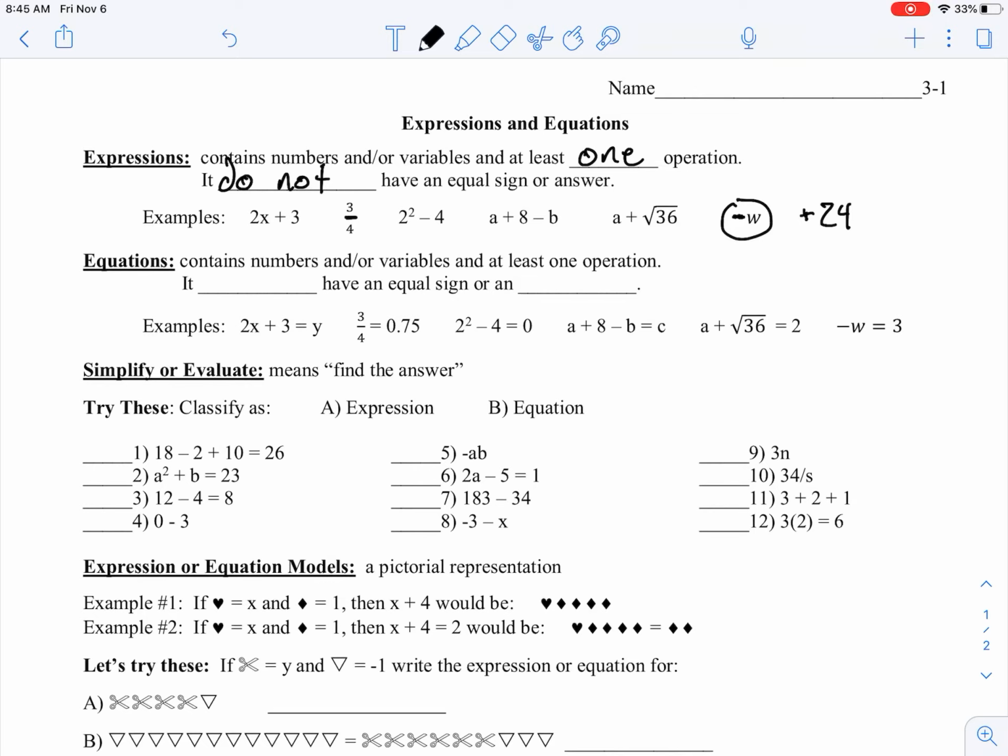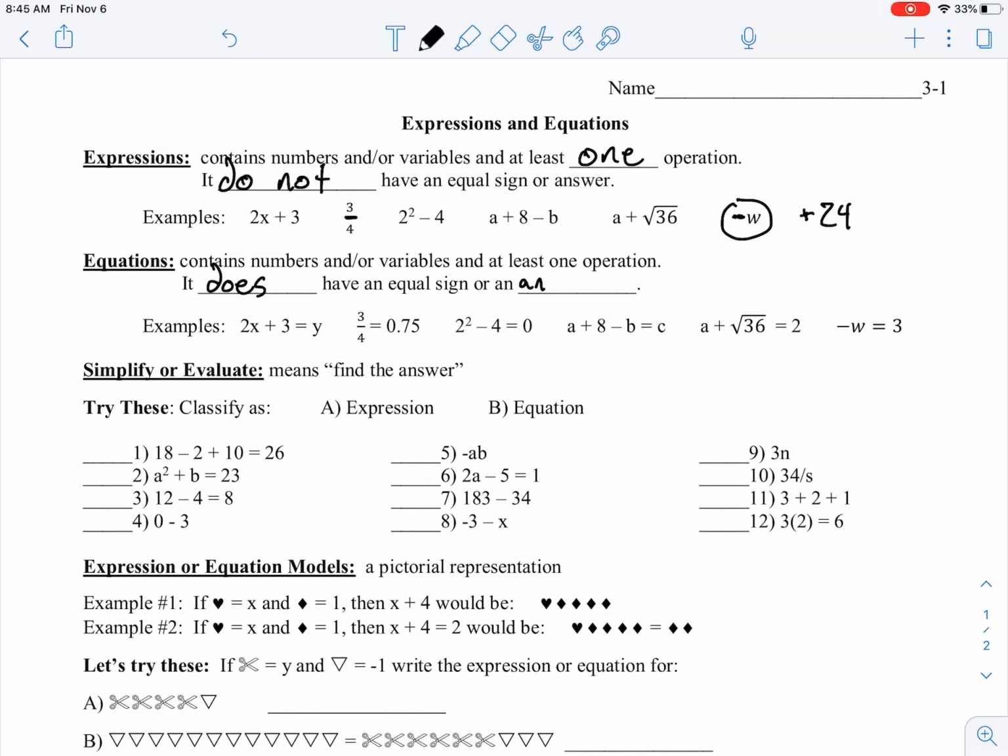Now we're moving to equations. So equations will contain numbers and or variables and at least one operation, just like an expression, but an equation does have an equal sign or an answer.